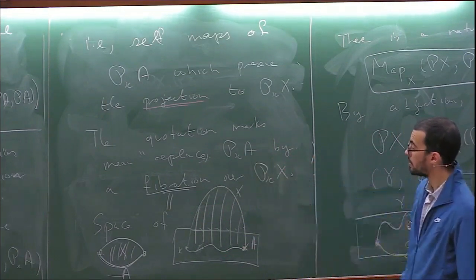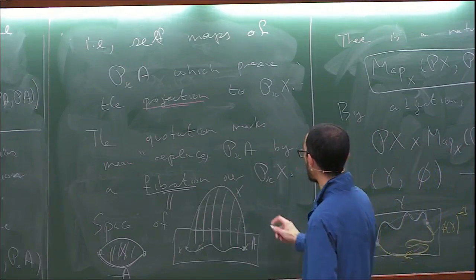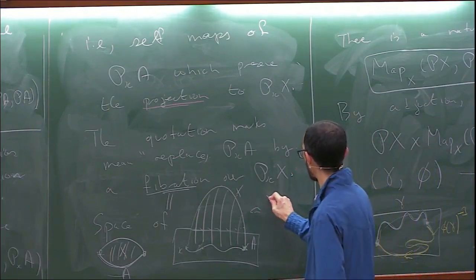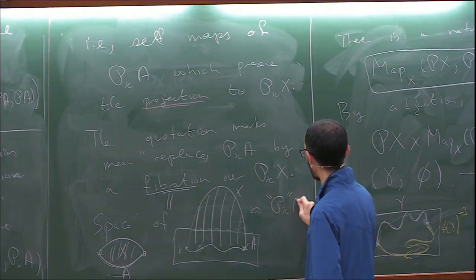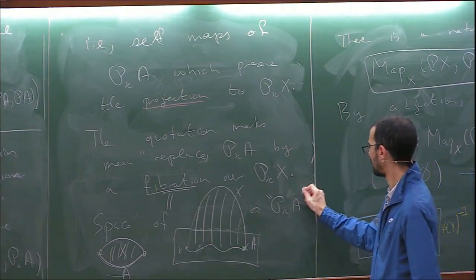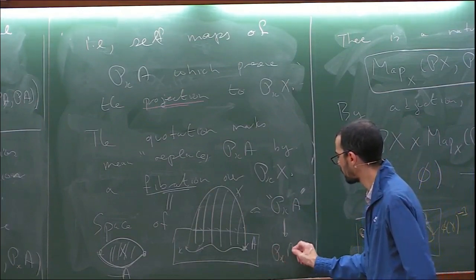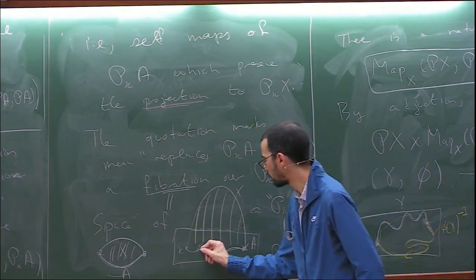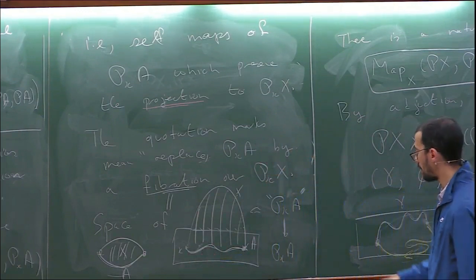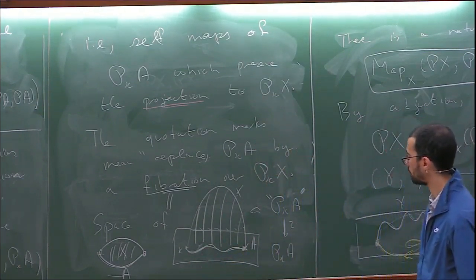So this space, I don't actually want to give it a name. I want to call this space "PXA" in quotations. It obviously has a map to PXA, which is just you restrict to this end. And this map is a homotopy equivalence.